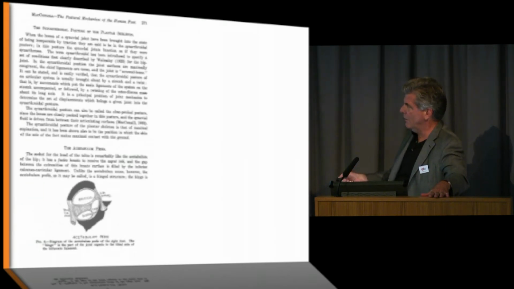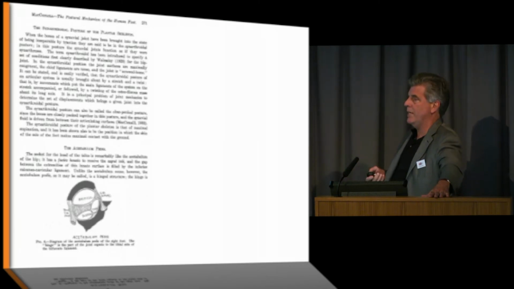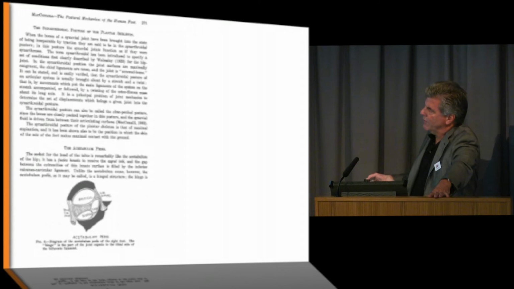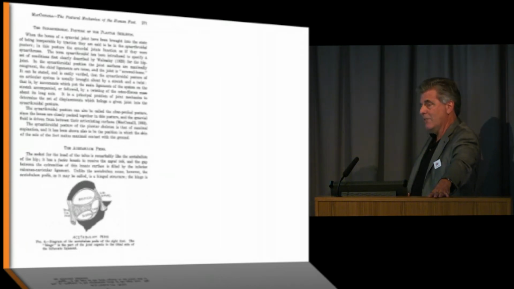Another thing that McConnell described is this acetabulum pedis. This is very interesting. He looks very closely at the talonavicular joint, as well as the articulation of the anterior middle facet of the subtalar joint. And he talks about the importance of this relationship of the head of the talus sandwiched up against the navicular and rotating on these two facets.